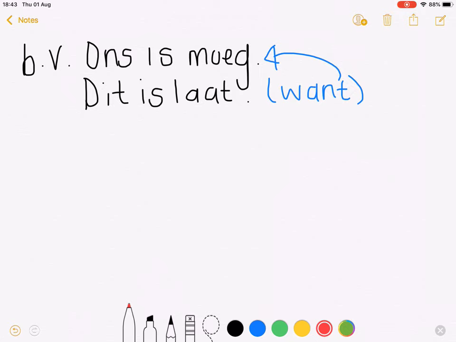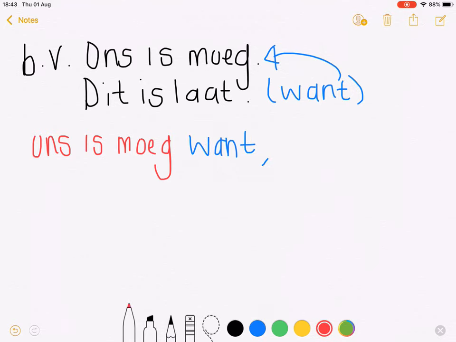Therefore, our sentence will read and be written, Ons is moeg, conjunction want, comma, dit is laat. Notice there is no change, except the full stop becomes a comma. This changes to a baby, as we are making one long sentence.